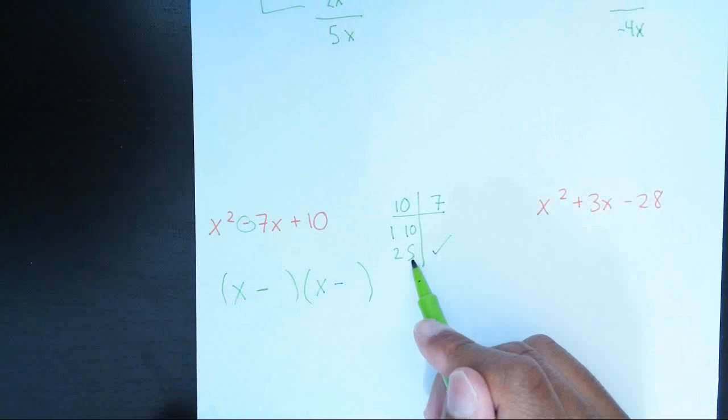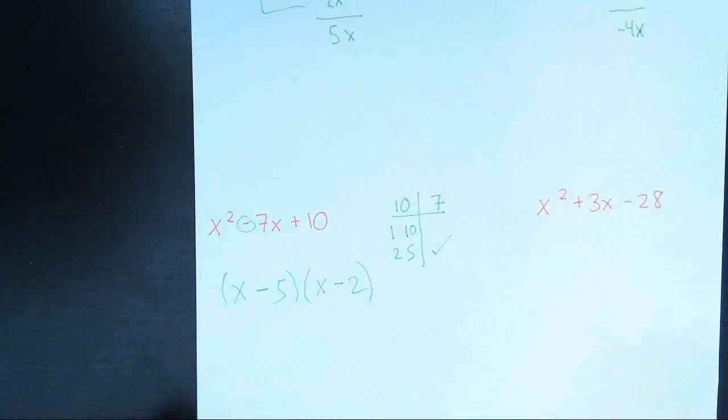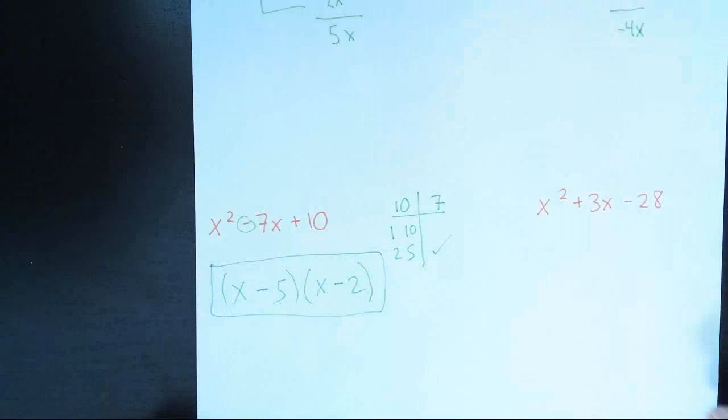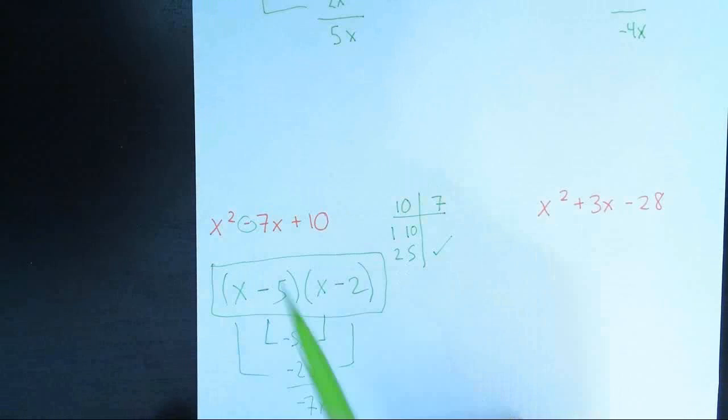Bigger number, 5, then 2. I automatically know, because I'm so confident with this process, I'm not even going to check it because I know it's going to be right. But if you're not sure and you're hesitant, if this is a test and you want to make sure that you get this right, FOIL it out or work with the insides. Insides, negative 5x, outsides, negative 2x, combine them, negative 7x, boom, perfect, matches up with the b.